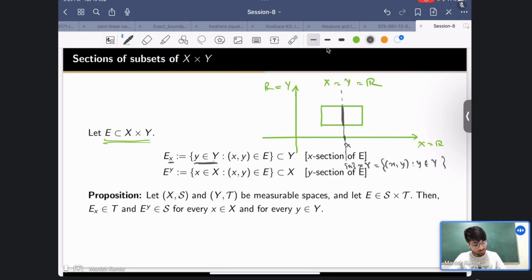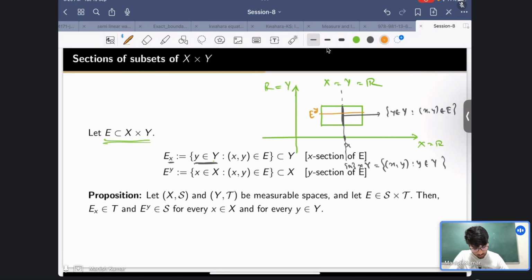So the points over here are (x, y) where y belongs to Y such that (x, y) belongs to E, right? So this line is the set E_x. Okay, so similarly you can define this E_y, so E subscript y. Okay, so these are the sections of the set E.